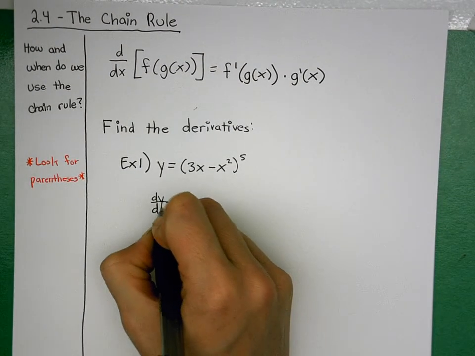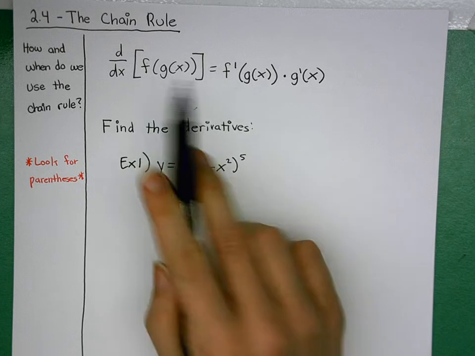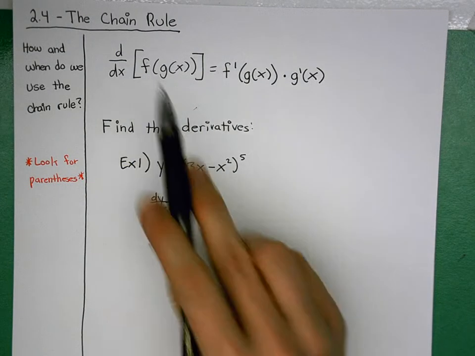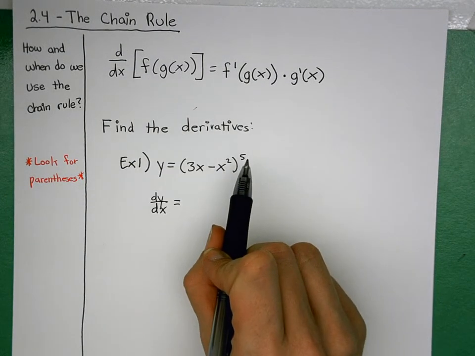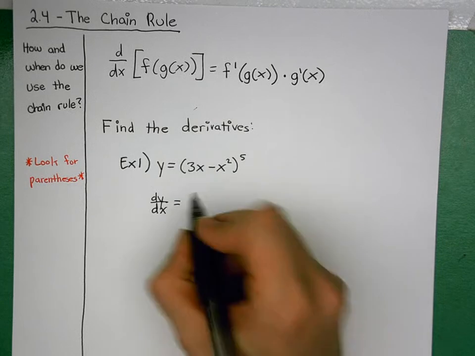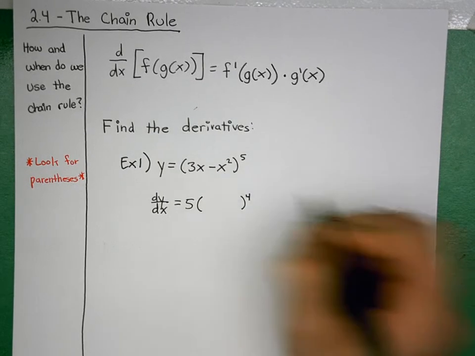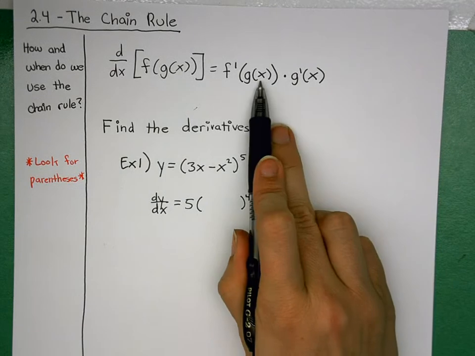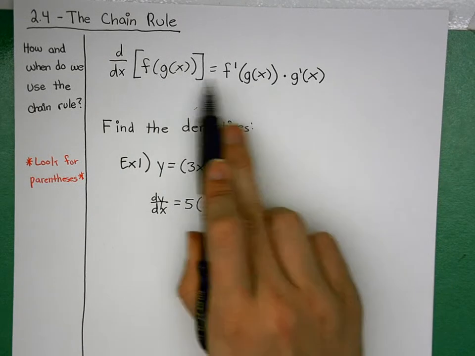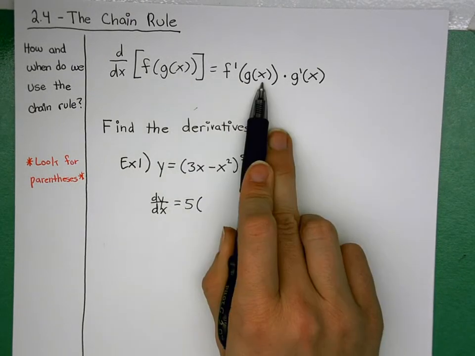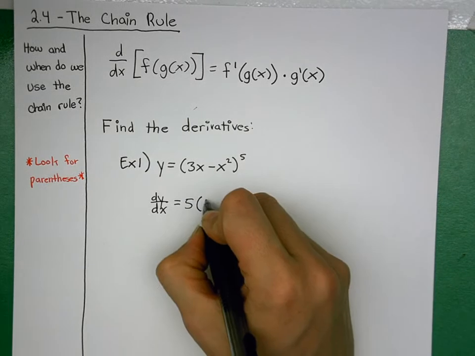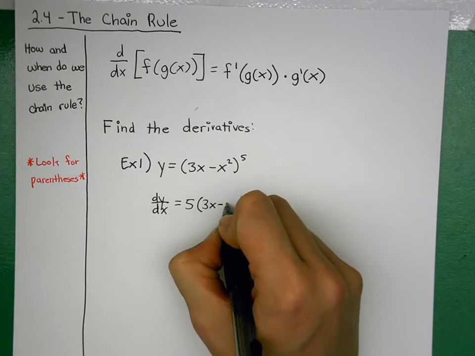We have dy dx equals, so my outside function, my f, is this 5th. And so I'm going to go ahead and bring that 5 down in front, subtract 1 from the exponent, and then remember the guts need to stay the same. G of x stays g of x. So this 3x minus x squared is going to stay 3x minus x squared.